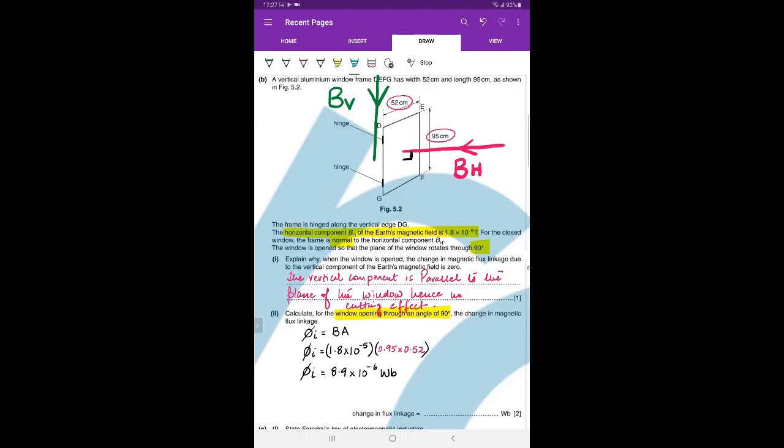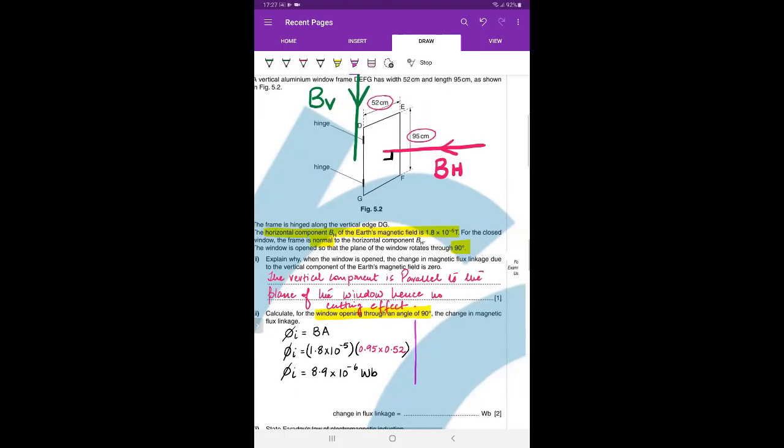Now I'm doing the rest of the working on the side of this. Check the statement. When rotated through 90 degrees, no need to do any calculation. Just the fact that when it is rotated through 90 degrees, the final value should become 0.